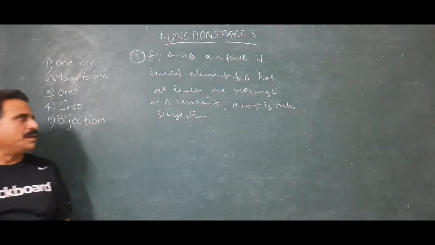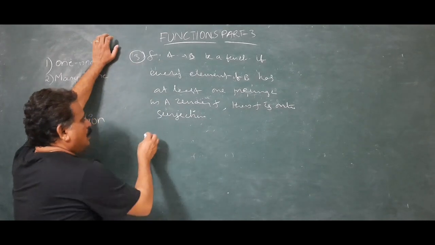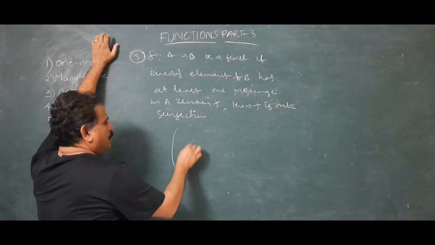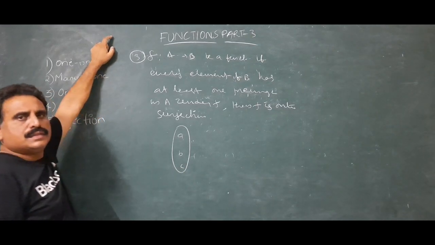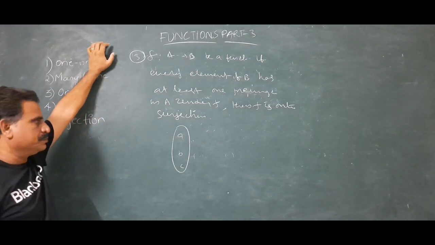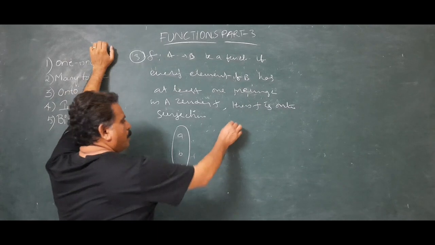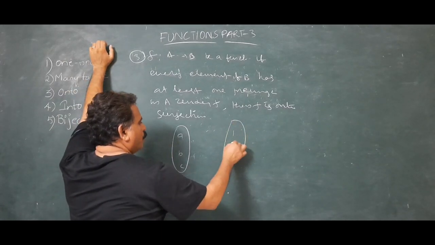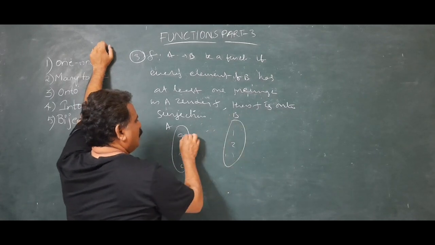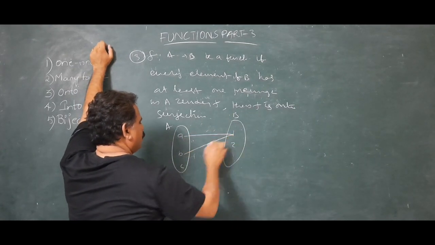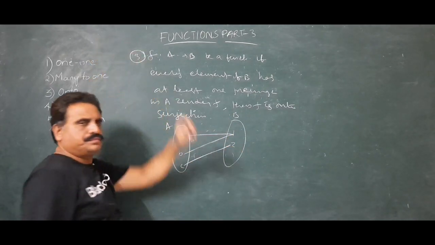Now, here, A = {a, b, c}, B = {1, 2}. a joins 1, b joins 1, c joins 2.